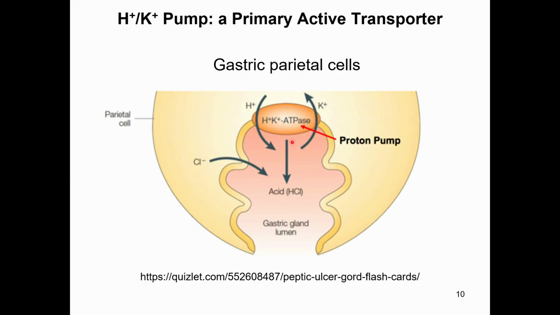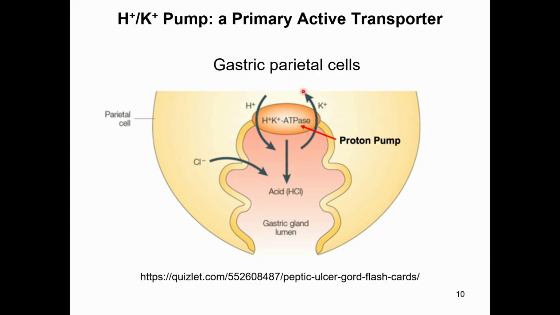What they do is they're energy dependent. There's an ATPase activity associated with this pump, but they're exchanging hydrogen and potassium ions. More specifically, they're pumping hydrogen ions and releasing them into the stomach, and then they're taking up potassium ions.